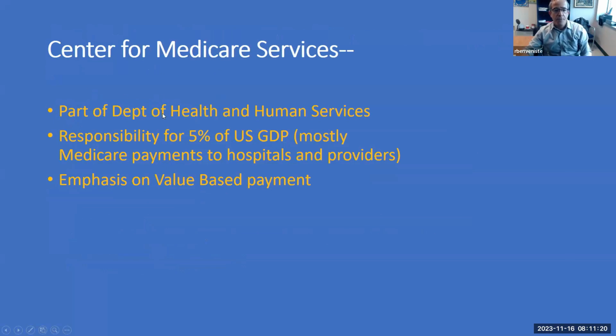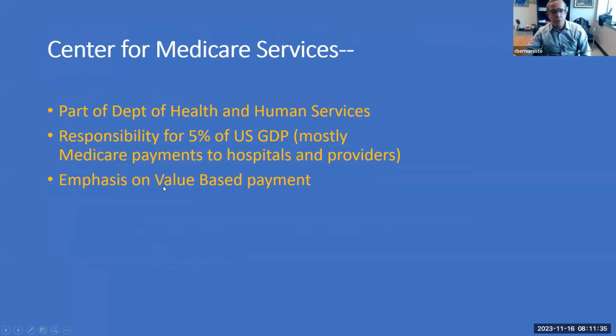The CMS is part of the Department of Health and Human Services. Back when I gave this talk, I think in 2021, it was responsible for 5% of US GDP, mostly Medicare payments to doctors and hospitals. Now it's actually more, I think it's 6%.